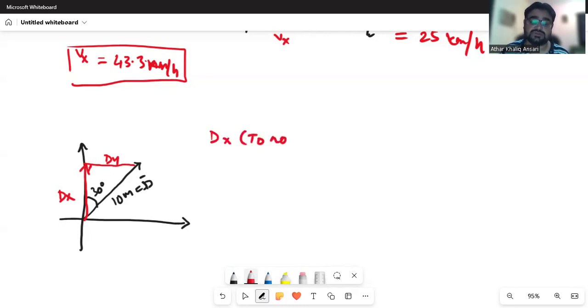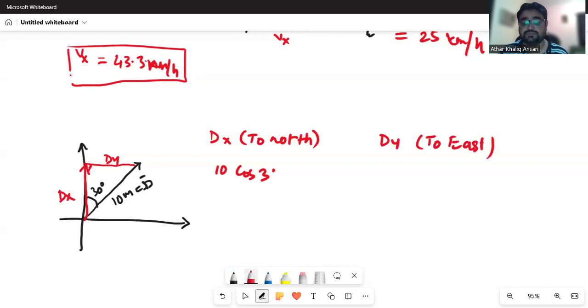So dx, that is to the north, will be equal to 10 times cosine 30, and dy, that is showing to the east, will be 10 times sine 30.